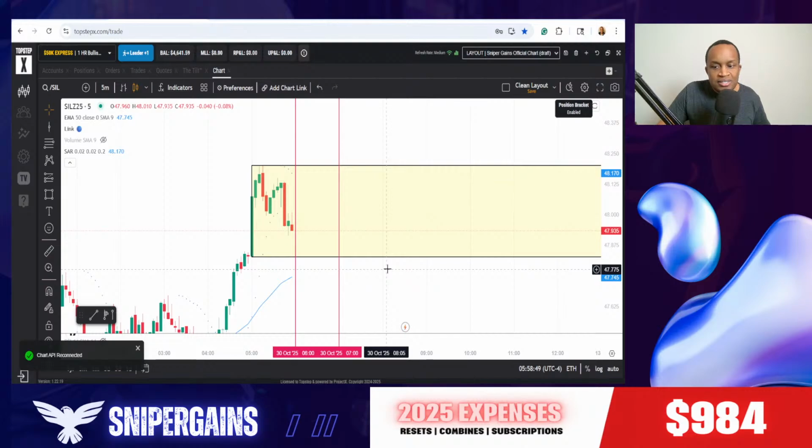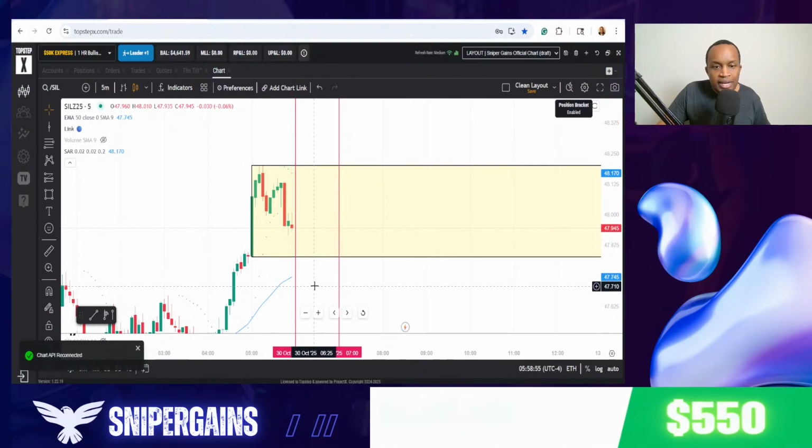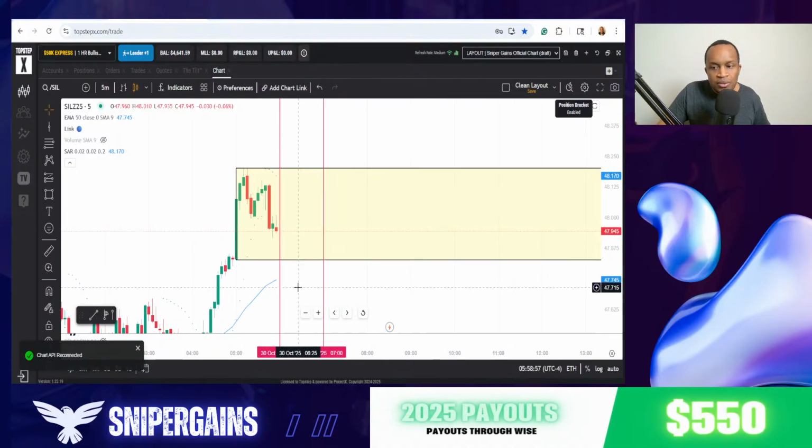And now this is just all about waiting. So this is the 55 candle. Now we're going to wait for the new candle to form in about 1 minute.